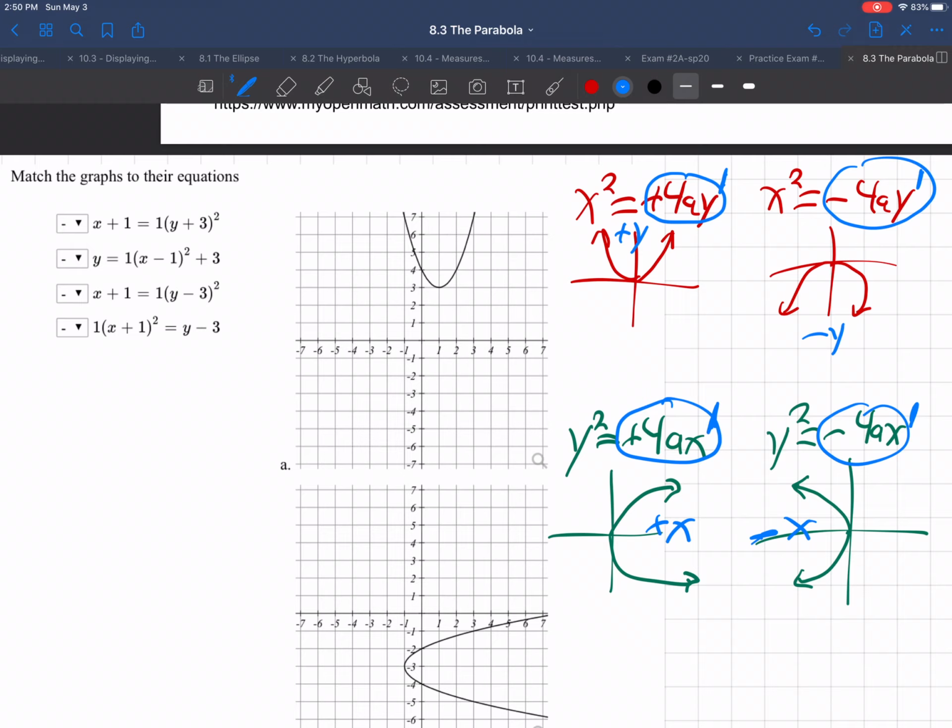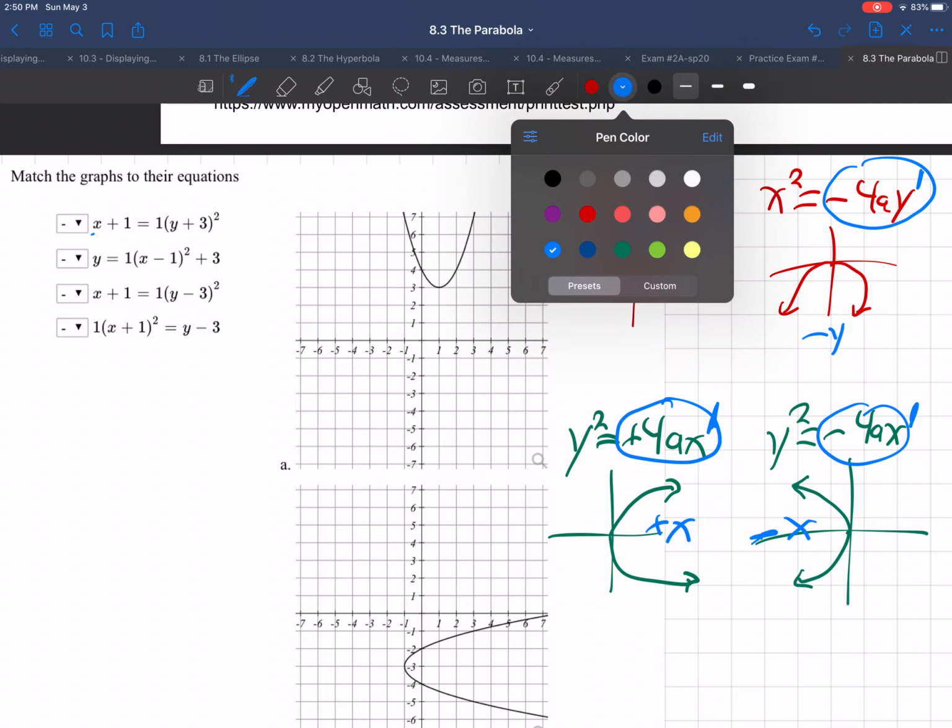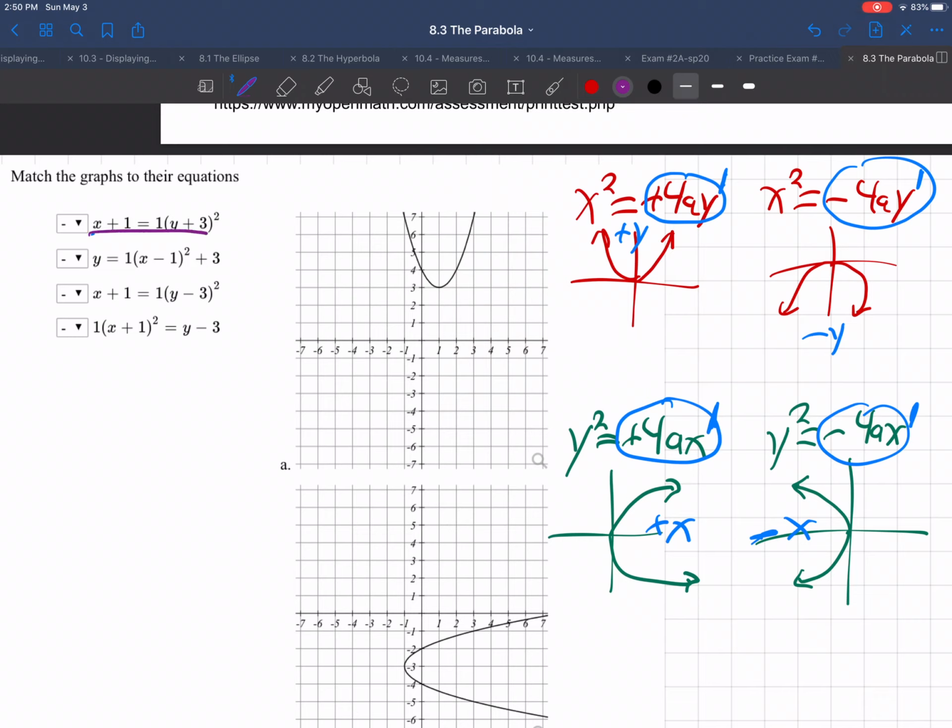Okay, so as we look at this first one here, what is the first power letter? The first power letter is x, so positive x, isn't it? So we know that one's going to the right.